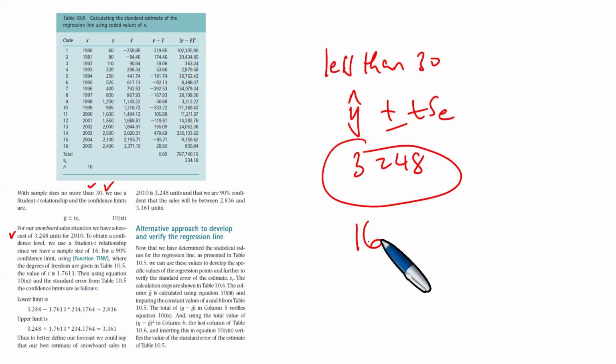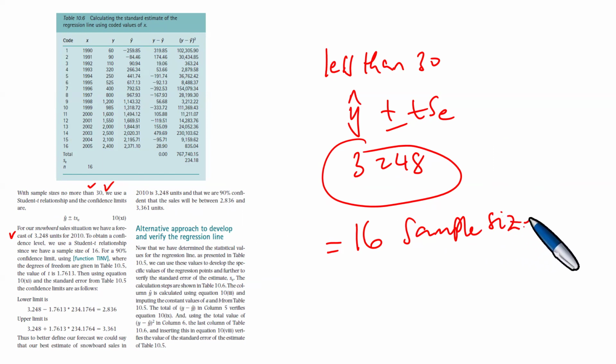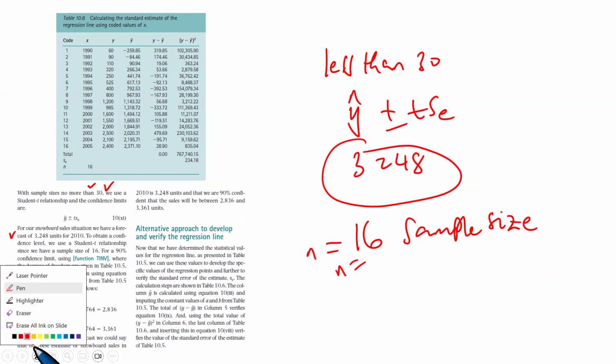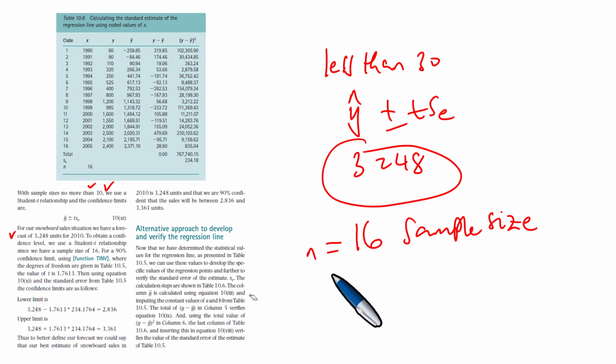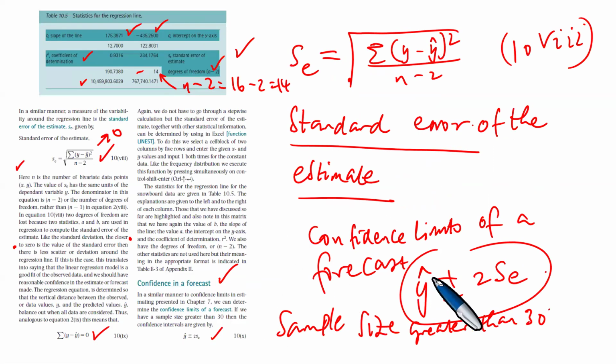We had n equals 16, which is less than 30, so we use the Student t relationship and multiply t by the standard error.